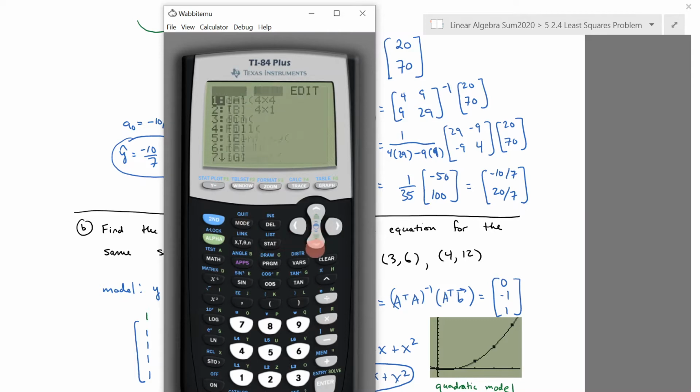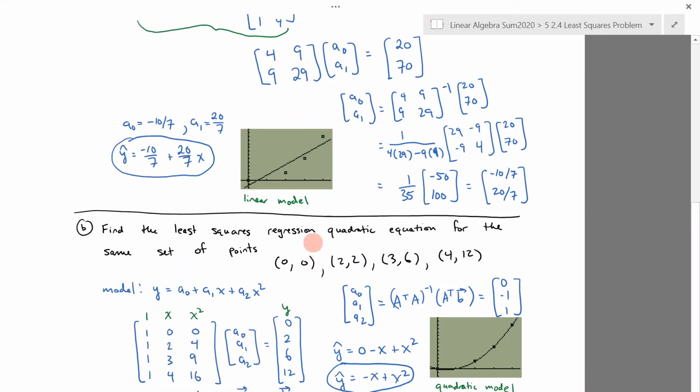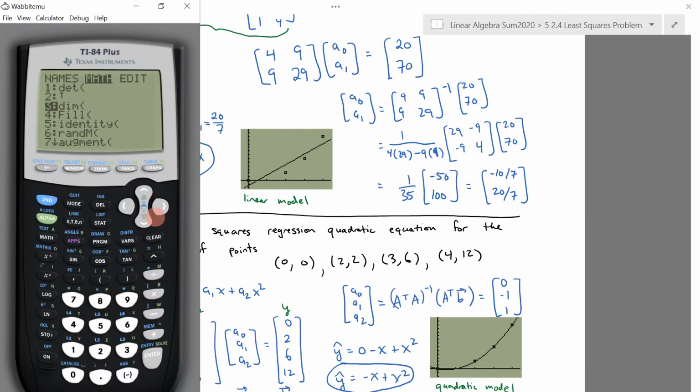If I do the row reduced echelon form of my augmented matrix, you can see I get the exact same solution, 0, -1, 1.